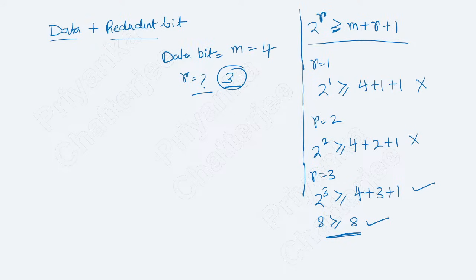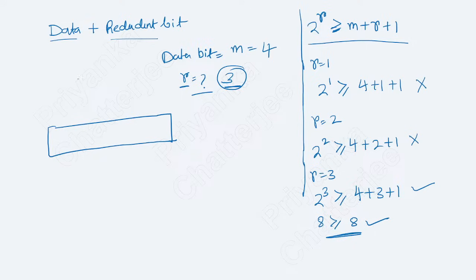Now what will I do with this? Whenever there are 4 data bits, I will add 3 redundant bits.